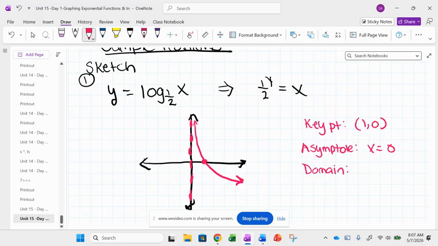Guys, more than Ariana should know this. Ira? You got it. X such that x is greater than 0. It's not equal to 0 because the asymptote is there, right? What is my range? Charlie? All real numbers. Perfect. All right, let's step up a little bit.